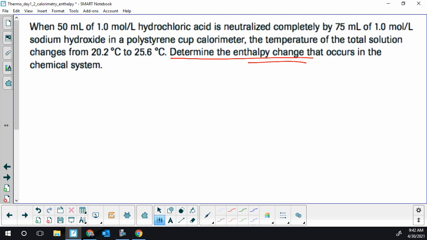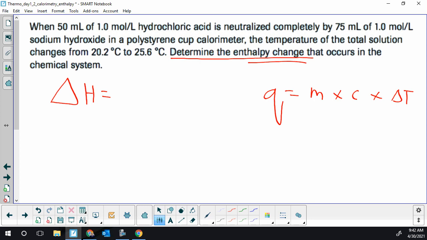So: determine the enthalpy change that occurs in the chemical system above. We're asked to solve for ΔH. Our technique to solve for ΔH is to do mcΔT for whatever the surroundings is.